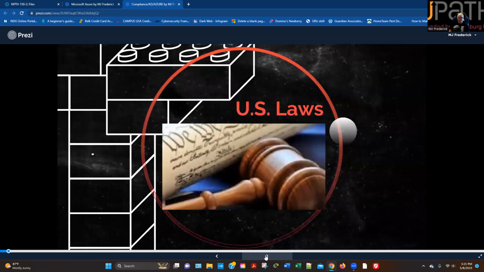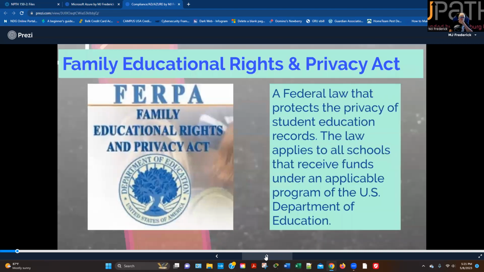Now, we have different US laws, but laws that are important to general students. If you haven't heard of FERPA, or if you have children, it's important to you because FERPA is important to them. This is called the Family Educational Rights and Privacy Act. This law protects the privacy of a student education record. This applies to all schools that receive funds under an applicable program of the U.S. Department of Education. Now, if they're not getting any funding, then it doesn't apply to them, as far as private schools and so on.